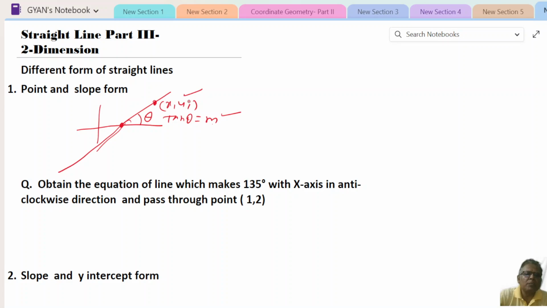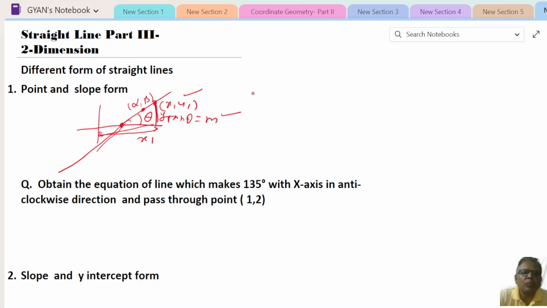Suppose this point is (x1, y1) and this is theta. Then this length is y1 and this length is x1. Suppose some variable point is there on this line, that is (alpha, beta).